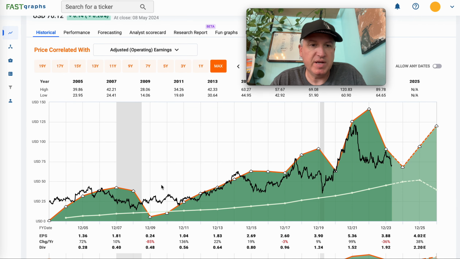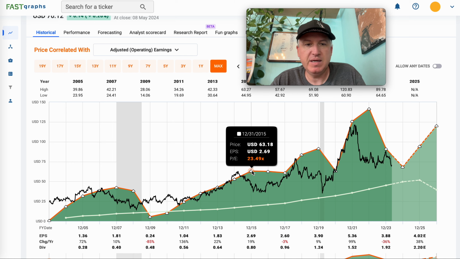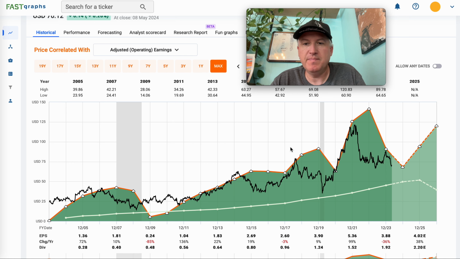They have a history of generally rising earnings peaks and troughs, which is what we want to see with a cyclical. We want this peak to be higher than this one, and this one to be higher than this one. Preferably, the peaks are probably the most important, but it's nice when the troughs are higher as well, which they certainly are.